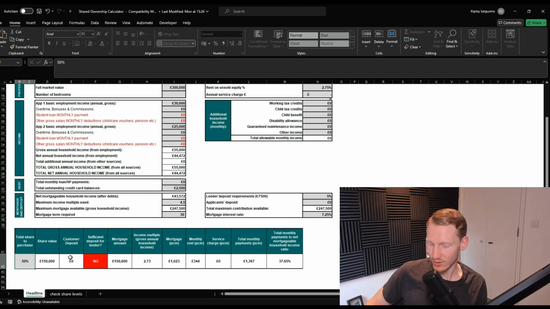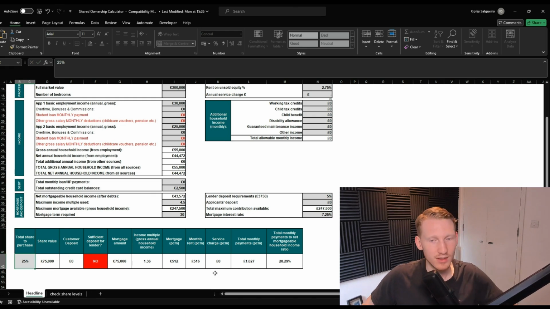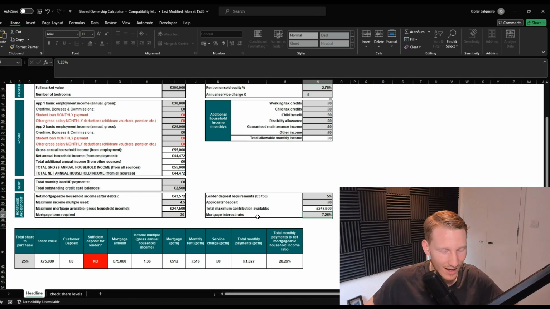What we could do is potentially lower it by lowering the share value. Then you're actually paying more rent and less mortgage, but because the interest rate is higher than the rent, it will balance it out a little bit. So you could start with a £512 mortgage and £516 rent, which would drop that to about £1,028 per month.